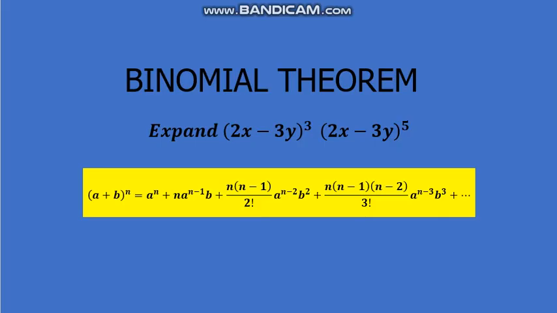So this is the formula that you're going to use, the binomial formula. In this case, it should be a plus, but on this one you've got a minus between the two values, so we're going to say open bracket and put a minus there, minus b.